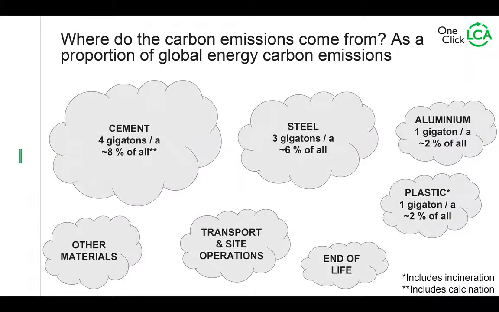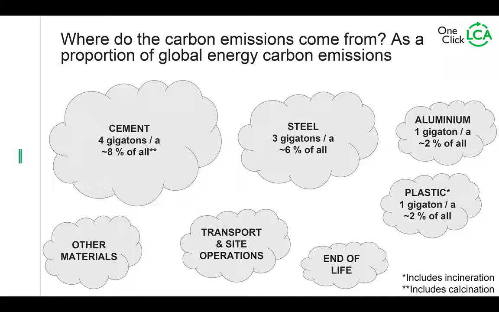Steel, 3 gigatons, about 6% of all. Aluminium, 1 gigaton or about 2% of all, and plastic about 1 gigaton, 2% of all, including incineration at the end of life, which is what you do for plastic. These figures do include process emissions as well, just to be sure. So they are slightly higher than the emissions which would be only incorporating energy use emissions for the same materials.